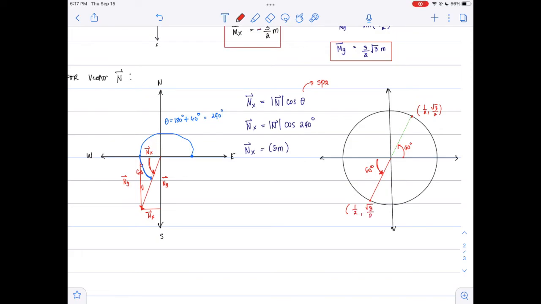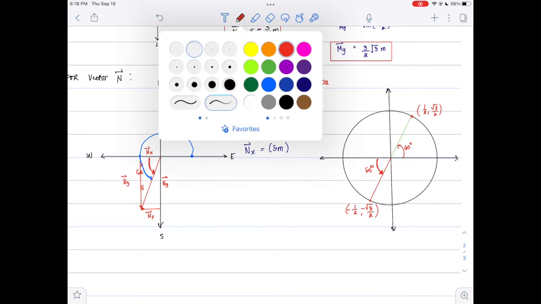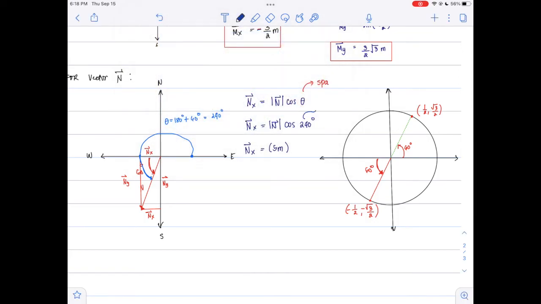But again, watch the sign. Basically, this is in quadrant 3, so your x is negative, and so is your y. So both become negative. So for cosine 240, you don't have to worry, as long as you know the unit circle, no need for a calculator. Cosine 240, the first component, as I've said, is the cosine theta. The second component, square root of 3 over 2, is the sine.